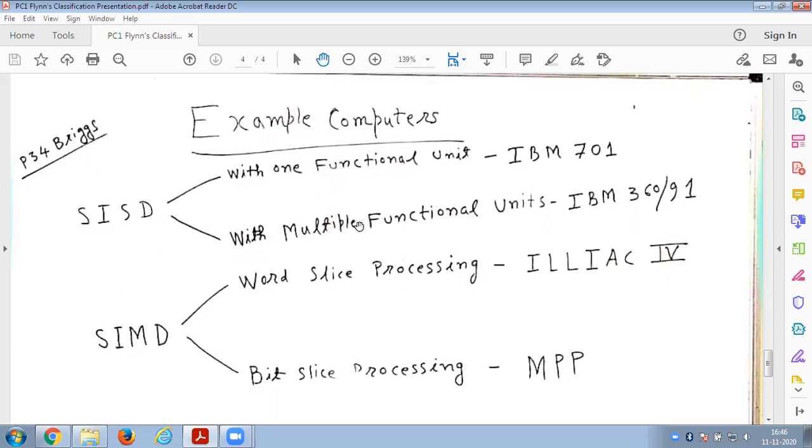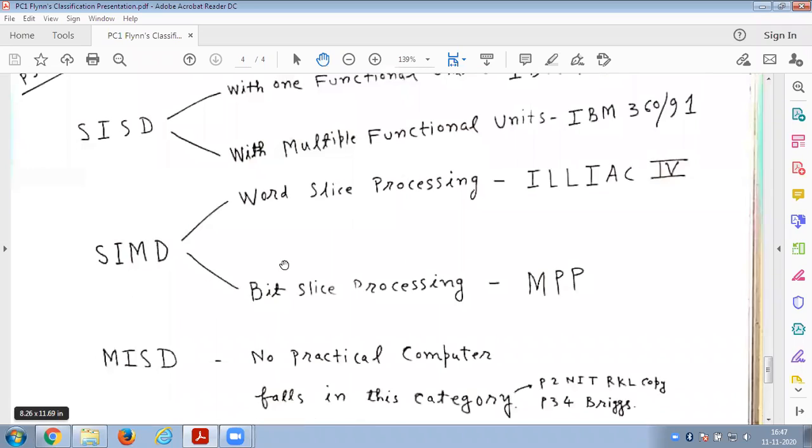SISD with multiple functional units, IBM 360/91. This is a very, very famous computer. There are multiple functional units, but still it is under the category of SISD.